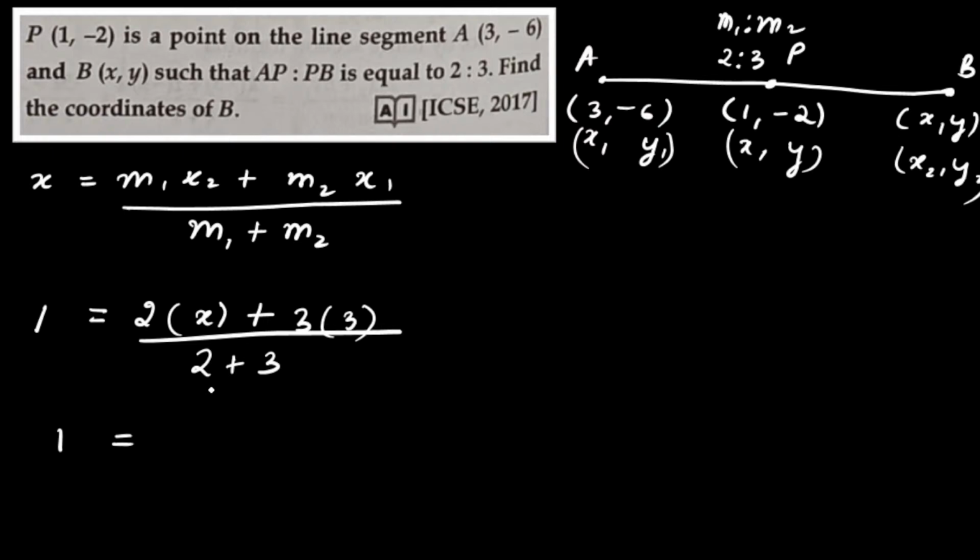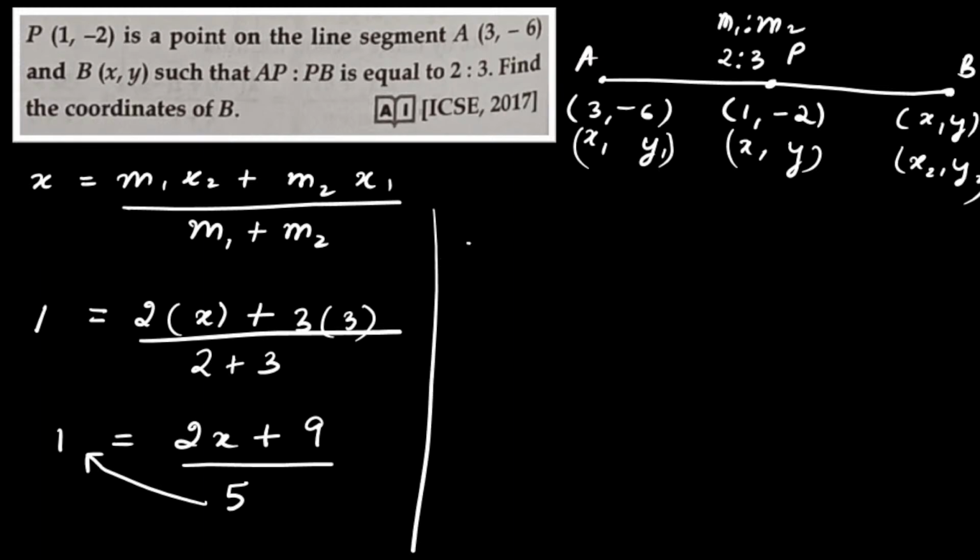So 1 is equal to 2 into x is 2x, plus 3 into 3 is 9, by 2 plus 3 is 5. So 5 will shift to other side. If we shift 5 to other side, it will get multiplied. So 5 into 1 is 5 is equal to 2x plus 9, because we have to find x.